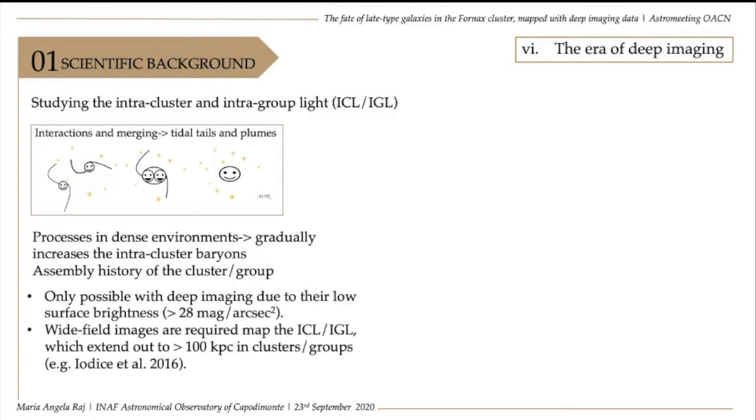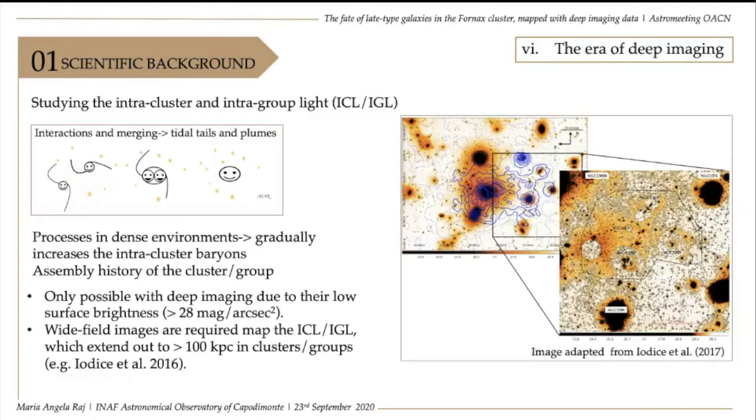It's only possible to detect with deep imaging due to their low surface brightness, and wide field images are required to map this component, which extends to about 100 kiloparsecs in clusters and groups. So here's an example of the intracluster baryons detected in the core of the Fornax cluster.